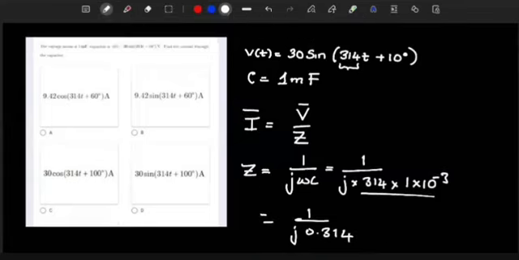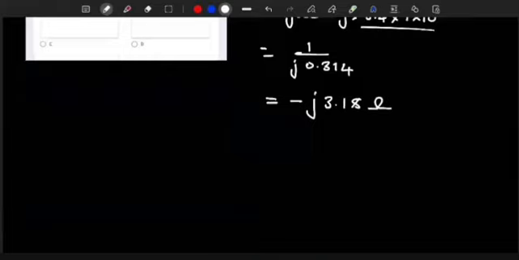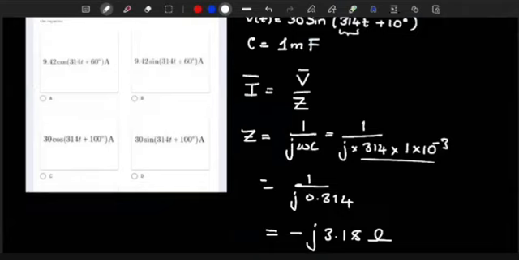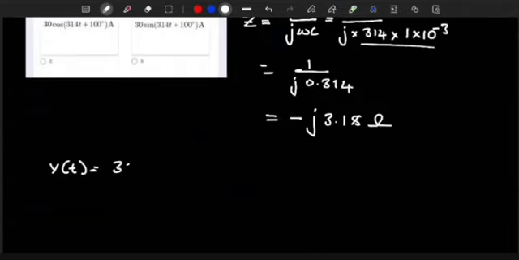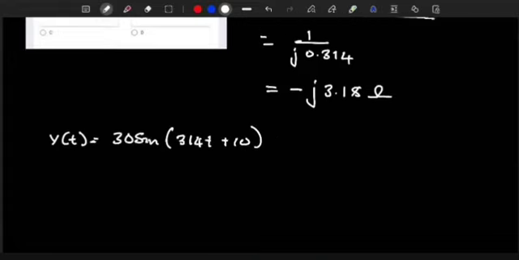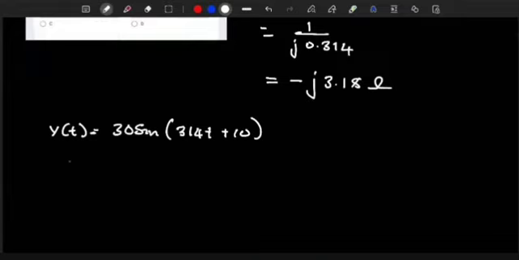Next, we want to change the voltage. It's 30 sine(314t plus 10). I want to express it in terms of cosine, so we use the double angle identity for cosine.